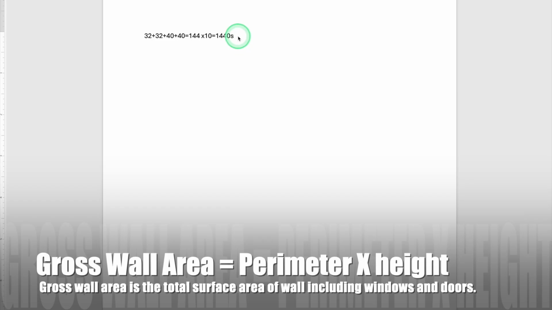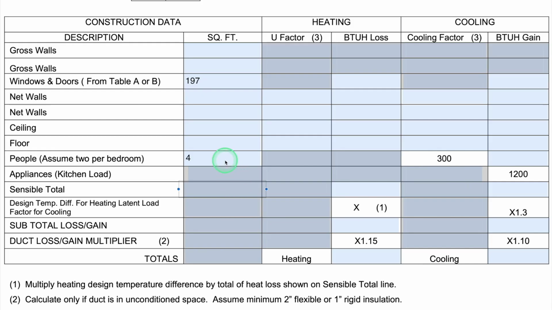Now let's go back over here to our worksheet. So our gross walls is going to be 1,440 square feet.